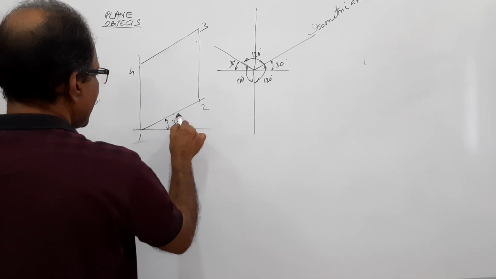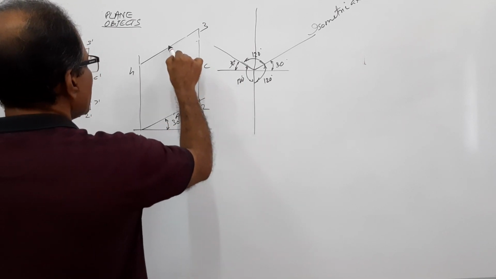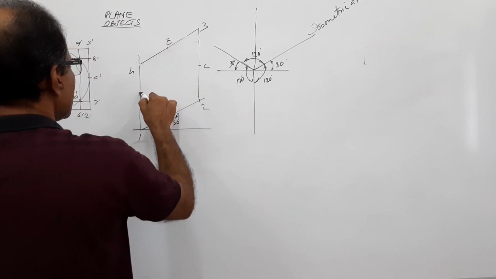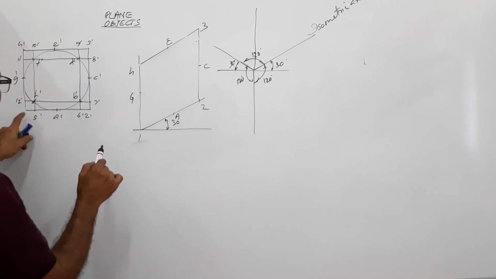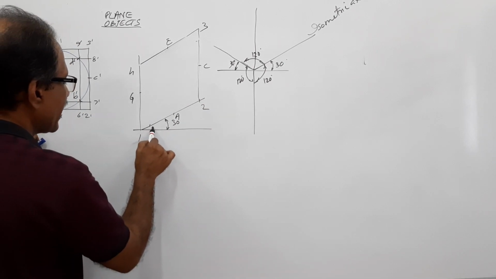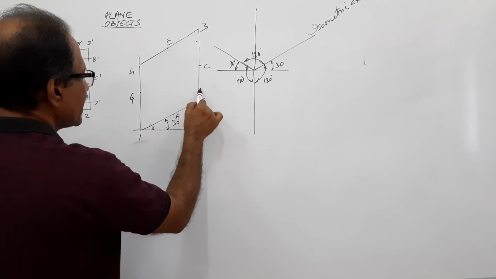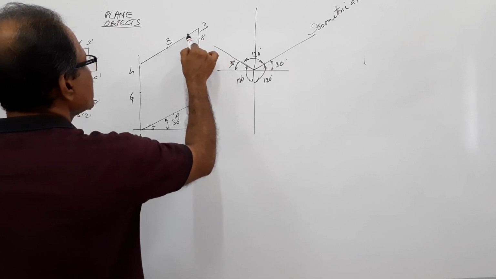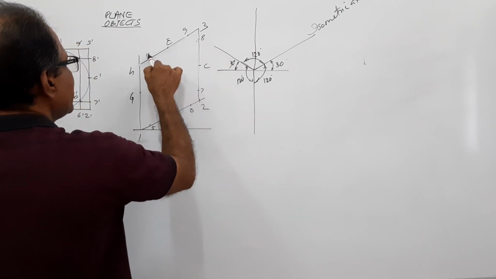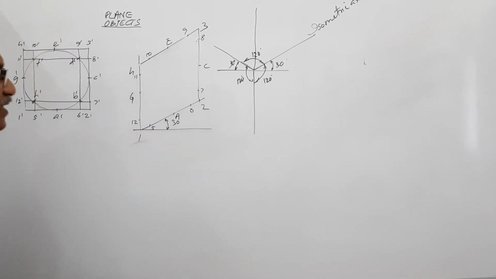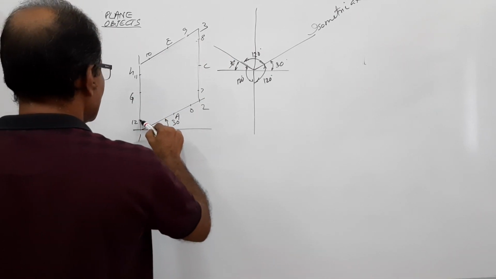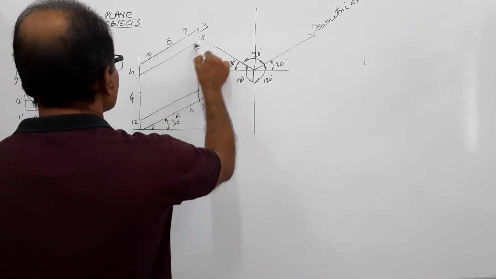Centers A, C, E, G. Agreed? Take this small distance 1 dash 5 dash. Mark 5, same, 6, same, 7, same, 8, 9, 10, 11, 12. Now what? Connect them. 12 to 7, very light lines.